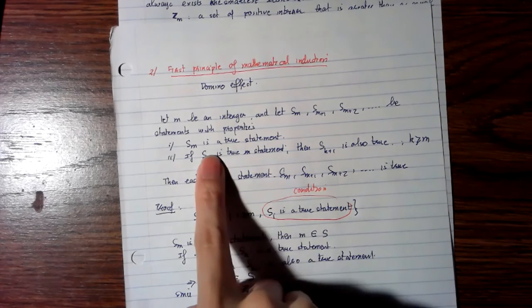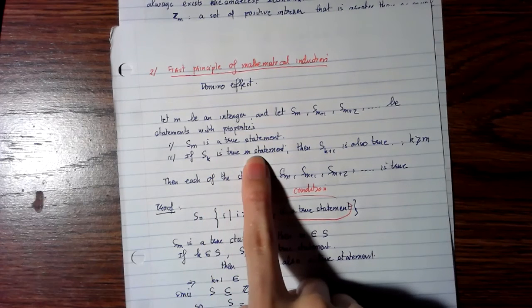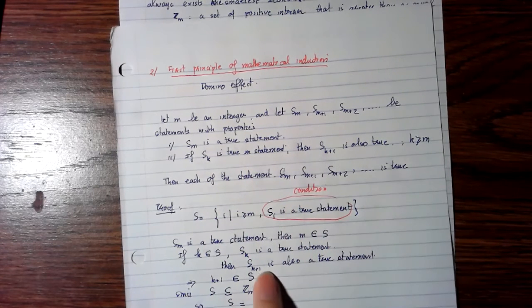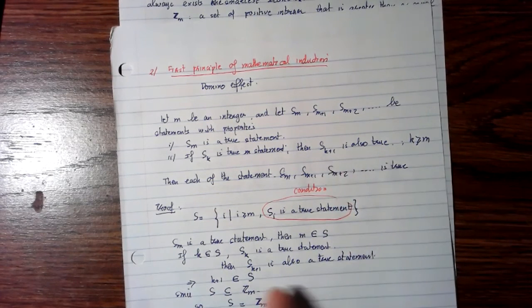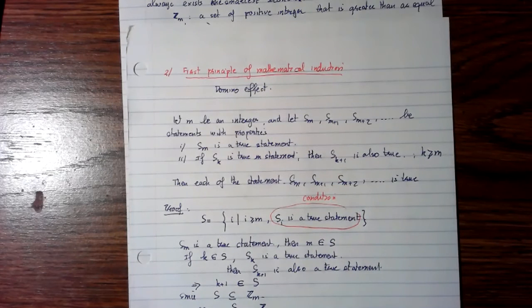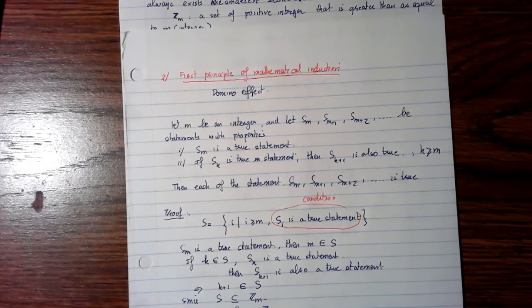And if S of K is also true, according to what they gave us, then S of K plus 1 is also true. And if S of K plus 1 is true, then K plus 1 belongs to S, right? So we have K belonging to S and K plus 1 belonging to S, right?